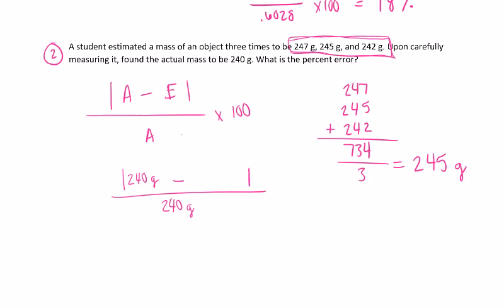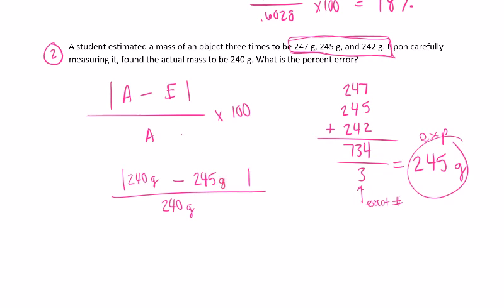Okay, so when it comes to sig figs, you're not going to round to 1 sig fig. You can see this as an exact number. Remember when we went over notes for sig figs, exact numbers have an infinite number of significant figures. So do not round to 1 sig fig here. So this is my experimental value. I had taken an average of what I was given, so 245 grams.